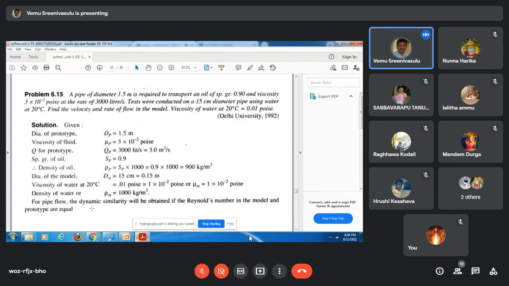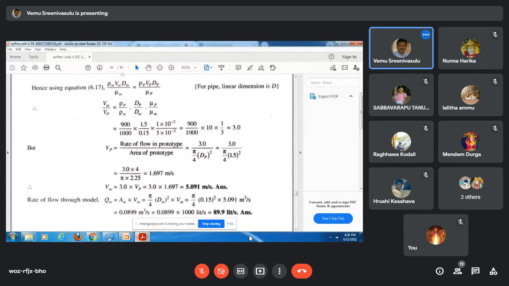Now using the Reynolds number for the model: rho model, v model, d model by mu model is equal to rho prototype, v prototype, d prototype by mu prototype.